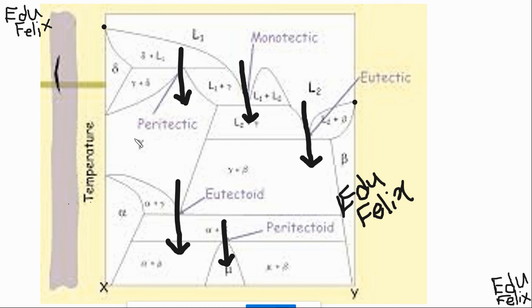In the eutectoid, starting from gamma solid, you cool it and you form alpha plus beta, two different solids. It is called eutectoid.